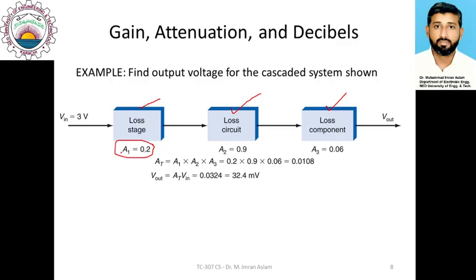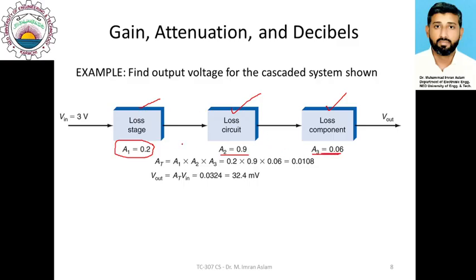So a gain A equal to 0.2 refers to some attenuation. Similarly, this loss circuit 2 has a gain which is 0.9, which is less than 1. So this is again referring to some sort of attenuation. Similarly for the case of stage 3.